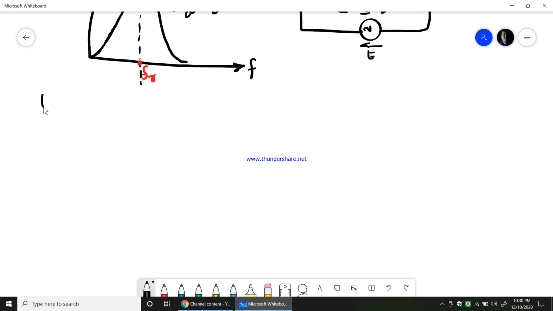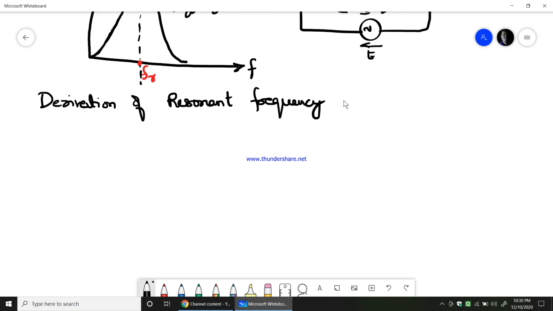Let me put a heading: derivation of resonant frequency for the series RLC circuit.